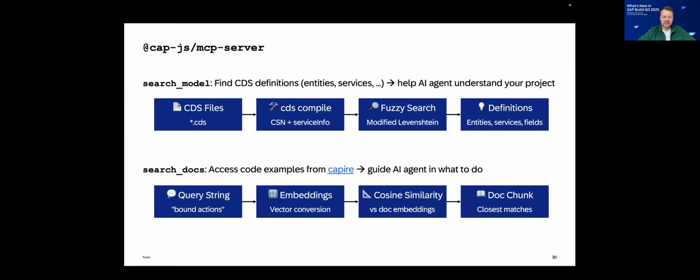The second tool is the search docs tool. What we do here is give you a vector embedding file of CAP, our documentation, and we make it searchable for the AI agent by comparing the query string that the AI agent will generate in order to fulfill the task, and calculating the cosine similarity with these doc embeddings.